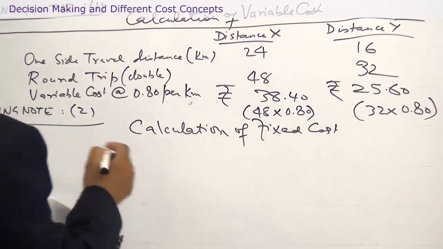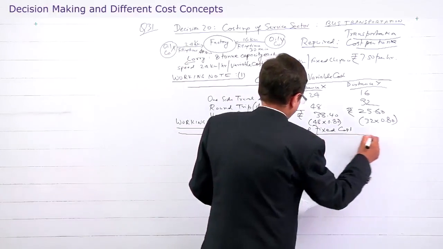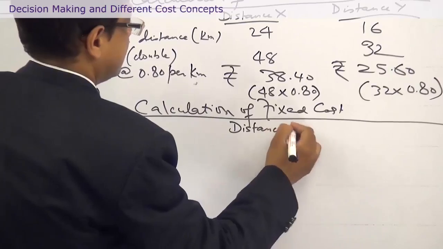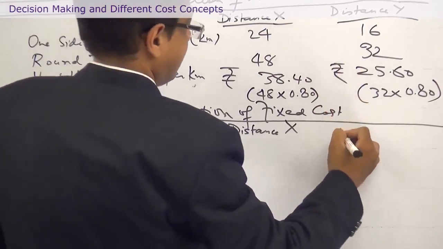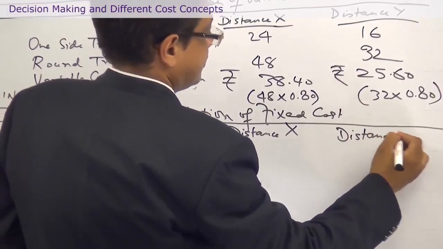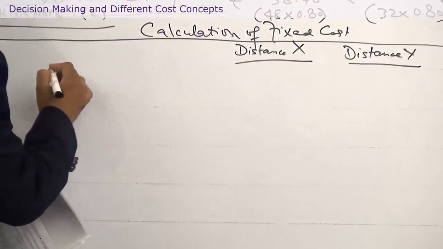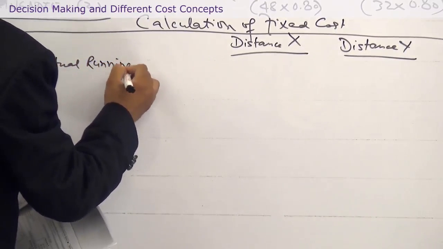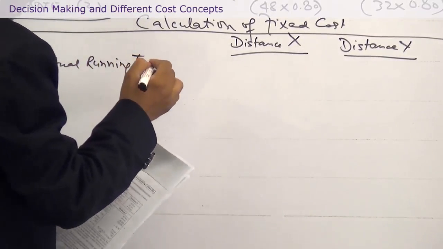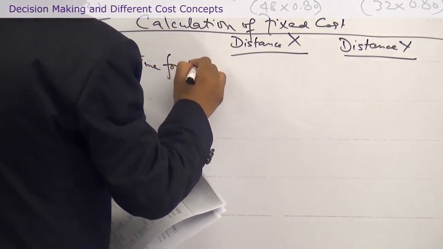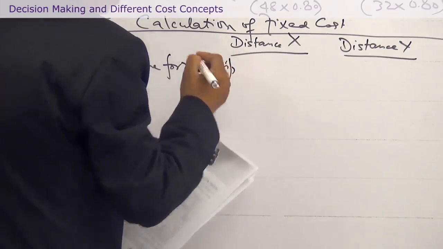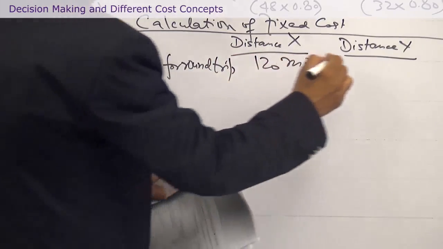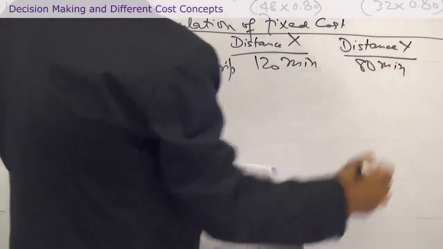So again, for distance X and distance Y, the actual running time for the round trip is 120 minutes and 80 minutes.